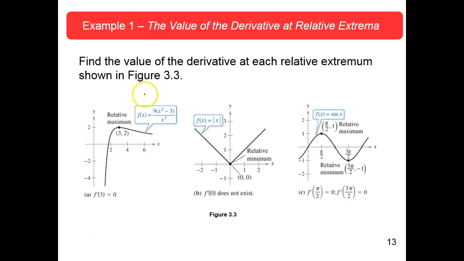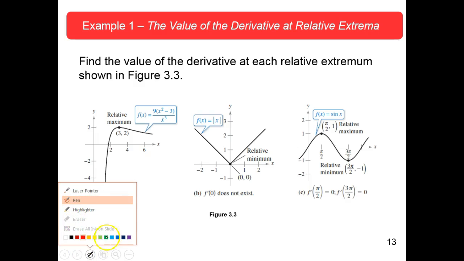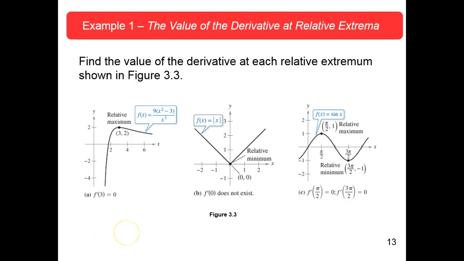There are at least 2 ways you can proceed with this. Which way would you go to find the derivative of the function at that point? How do you take this derivative? Tell me. Quotient rule. Okay, I knew he was going to say quotient rule. So let's do it.